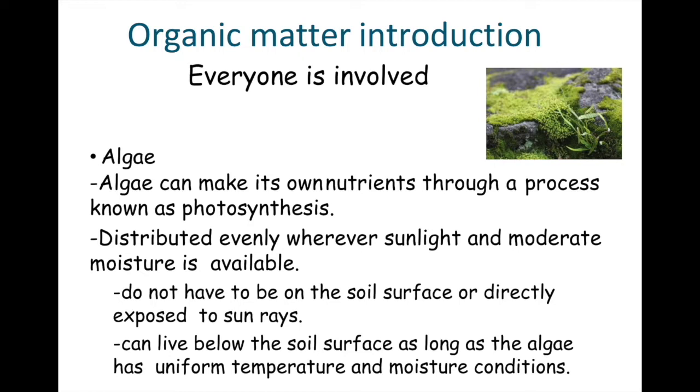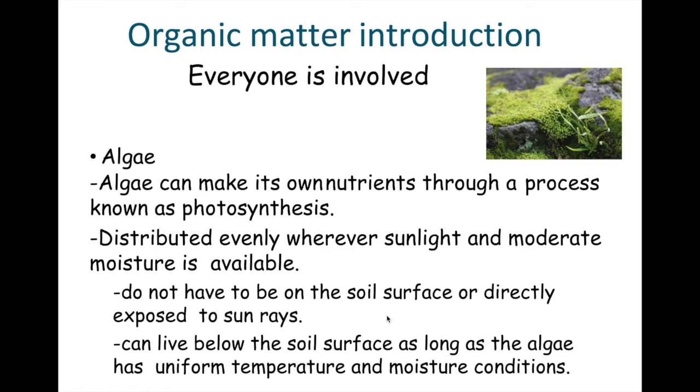What about the algae? Algae can make their own nutrients through a process known as photosynthesis. They are green, non-vascular plants. You can see from the picture right there. Whenever there is sunlight, algae can make their own food. You know the process.